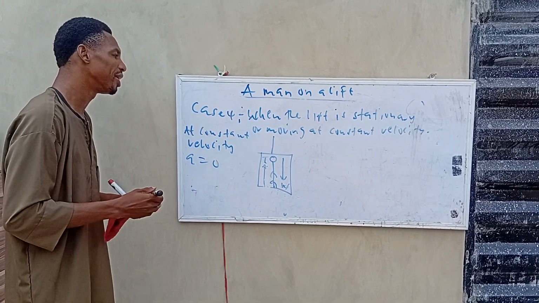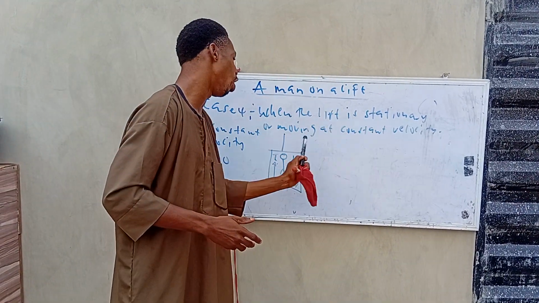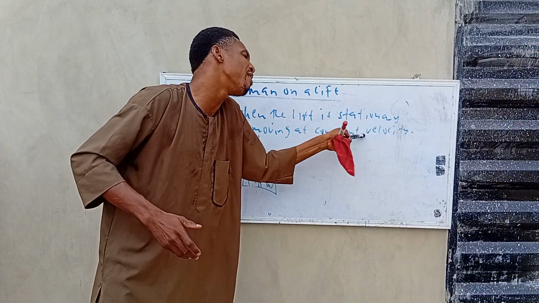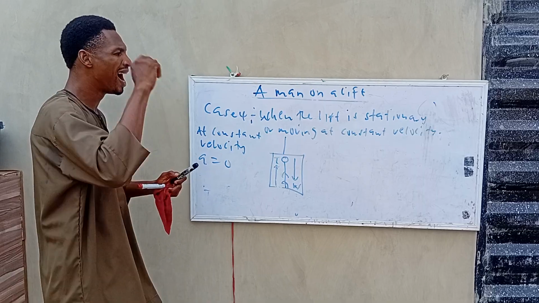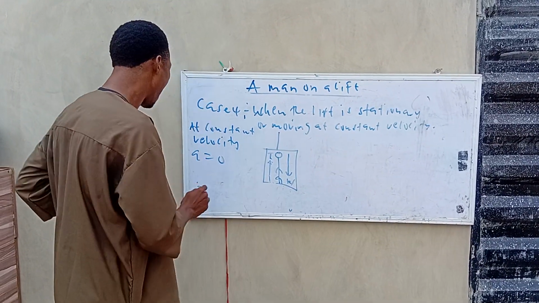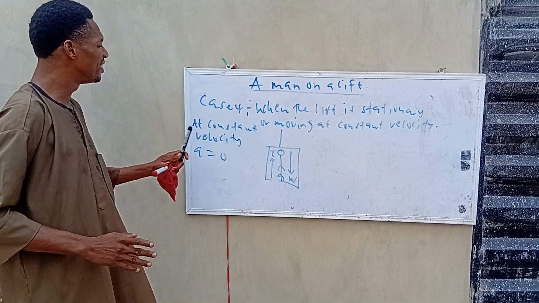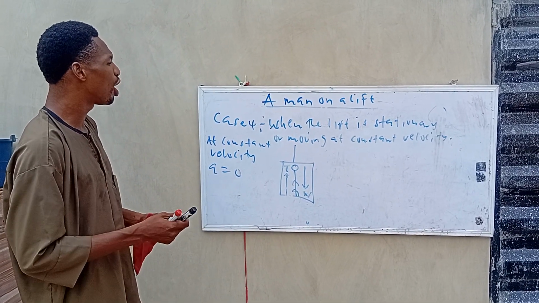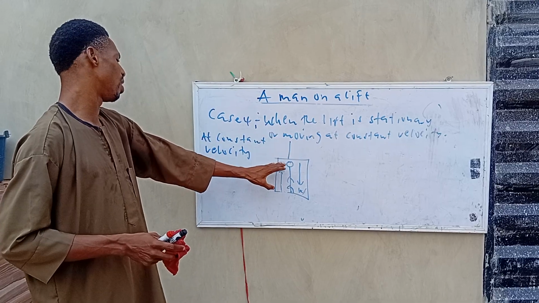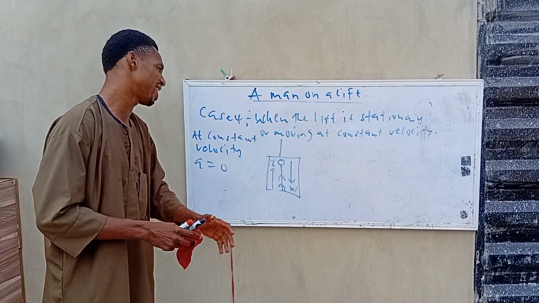So when you hear that the lift is stationary or is moving at constant velocity, acceleration A is 0. A becomes 0 because the lift is stationary or at constant velocity.